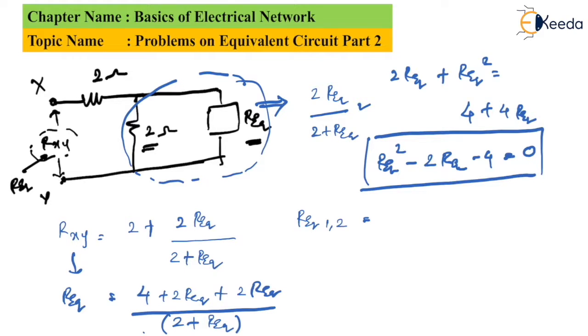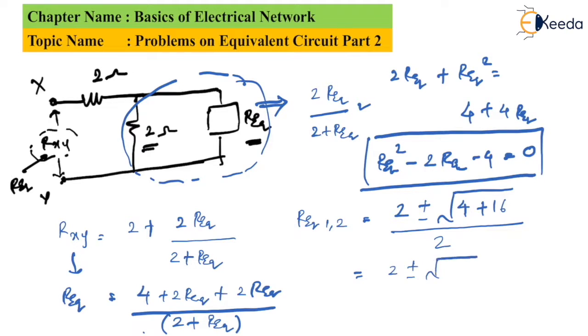So now it becomes 2 plus minus under root of b square, which comes out to be 4, minus 4 times ac, which comes out to be plus 16, divided by 2. So further if I solve, it will be 2 plus minus under root of 20 divided by 2.